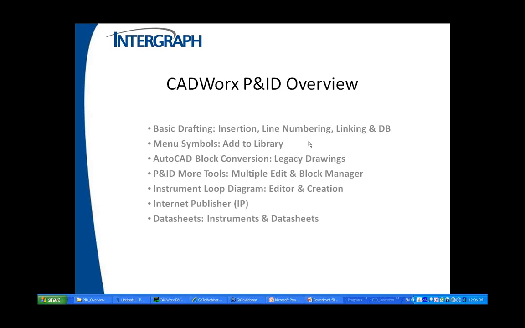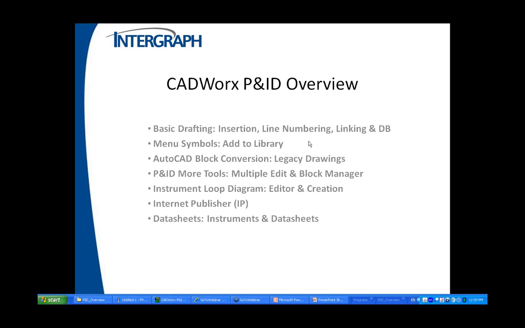Then we'll spend a few minutes on opening a drawing that has blocks that were not created in CADWorx P&ID, and go through the process of converting those blocks with AutoCAD attributes into intelligent CADWorx symbols.